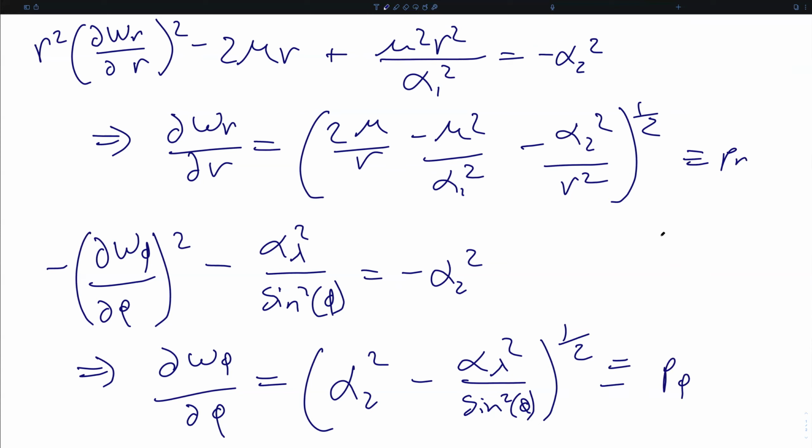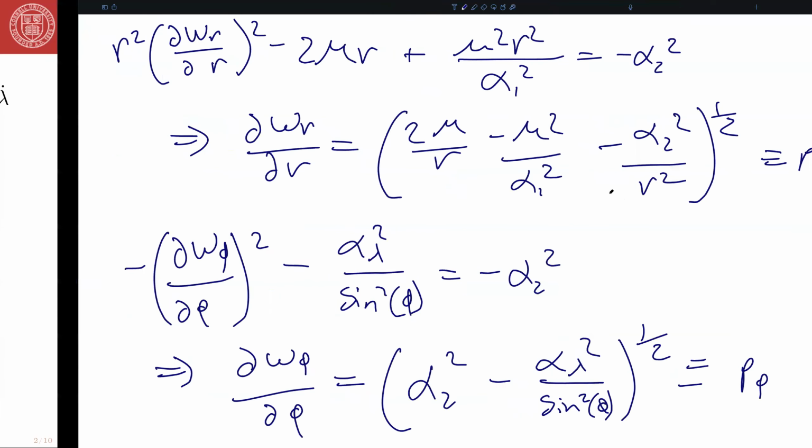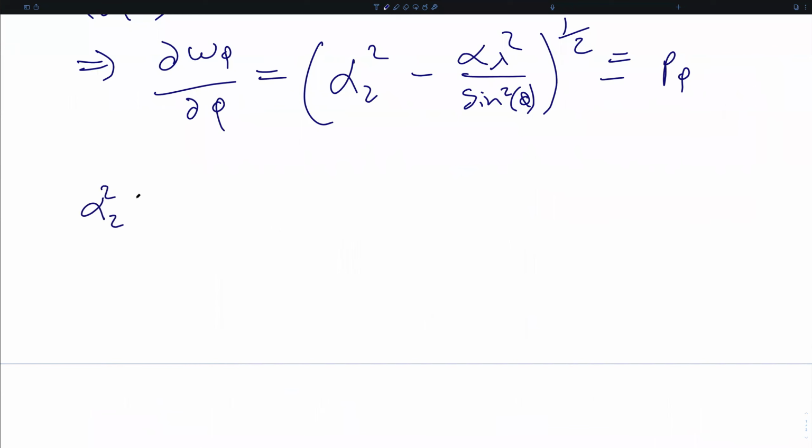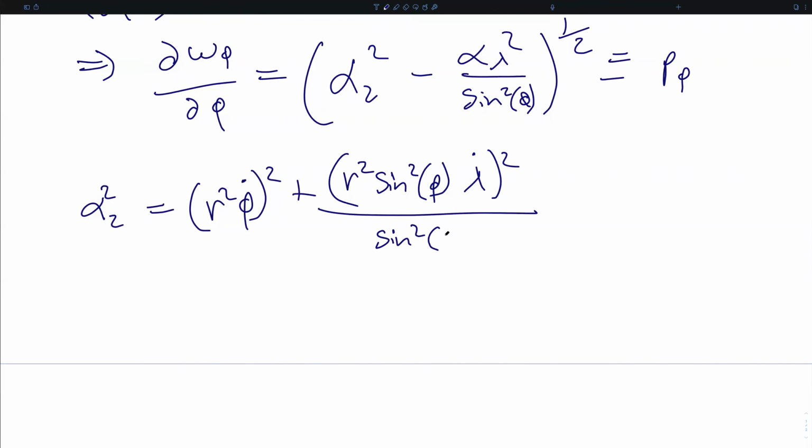We can therefore substitute in the definitions of P sub r and P sub phi in terms of our generalized coordinates and their time derivatives, as given here. And from that, we can write alpha 2 squared is equal to r squared phi dot quantity squared plus r squared sine squared phi lambda dot quantity squared over sine squared phi, which all simplifies to r to the fourth times the quantity phi dot squared plus lambda dot squared sine squared phi.